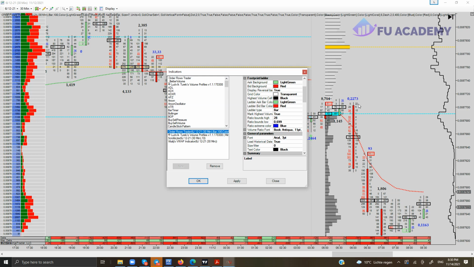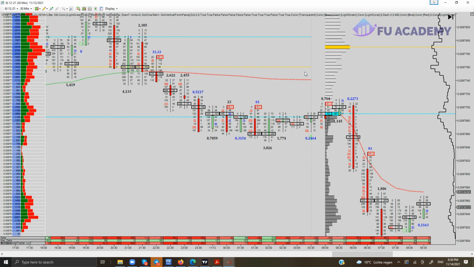So we now have ratio bound high and ratio bound low. To summarize, the ratio bounds high are those blue numbers which are more than 28, and the ratio bounds low are those blue numbers which are less than 0.699.